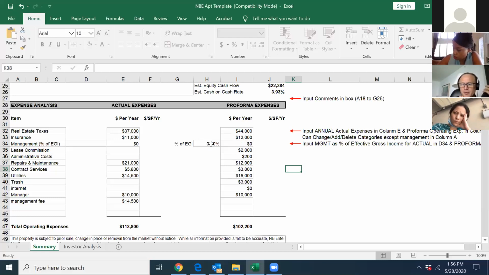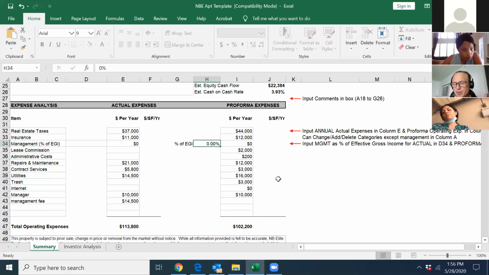Management. If you are buying it for yourself, Yolanda, I would put 0, because I would not put any management. But if you're representing a client, then you should put maybe 5 or 6%. Management fees are like this, guys.